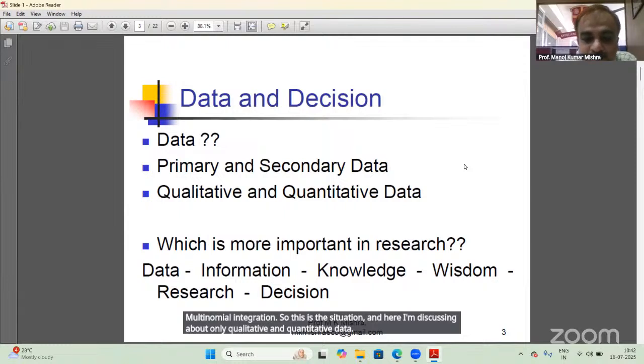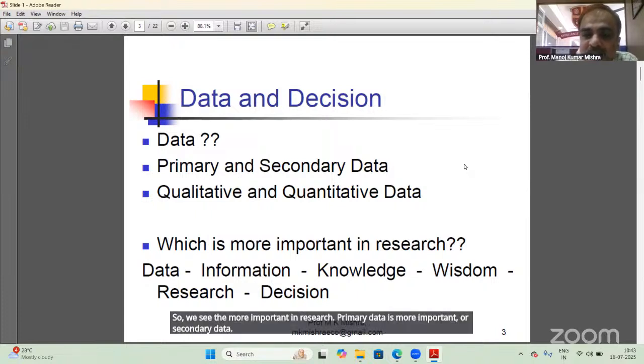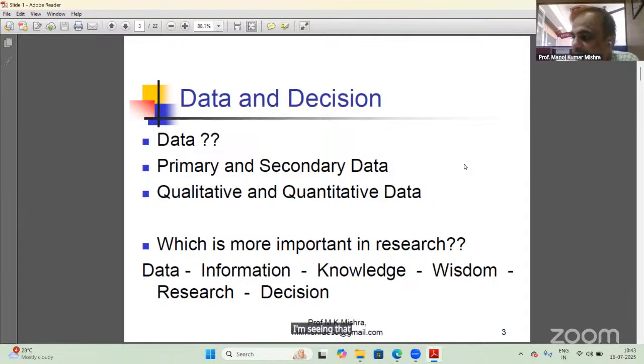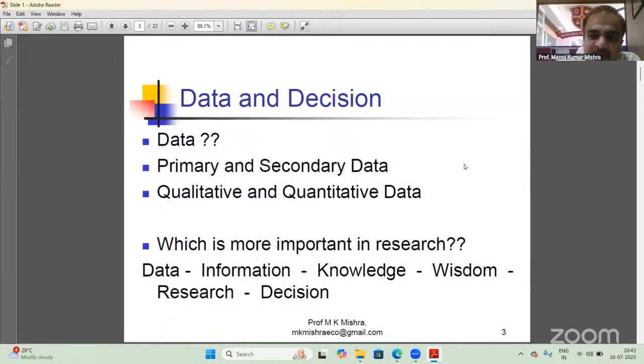So which is more important in research? Is primary data more important or secondary data more important? I am saying that primary and secondary data are complementary to each other.